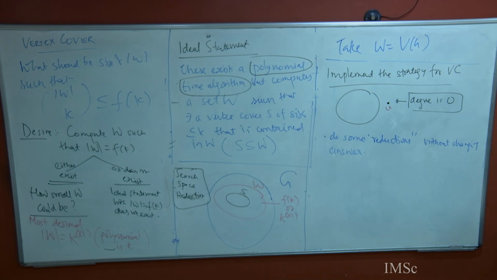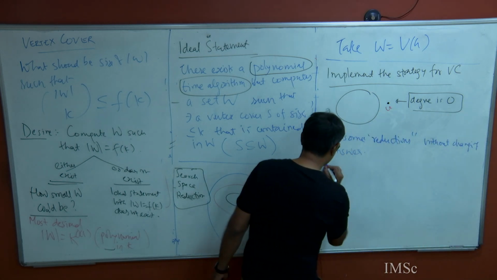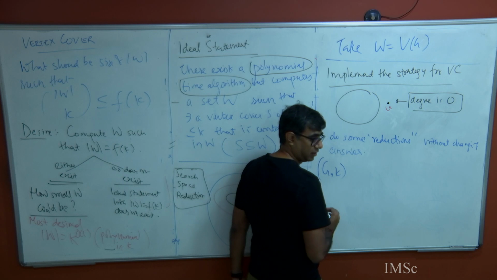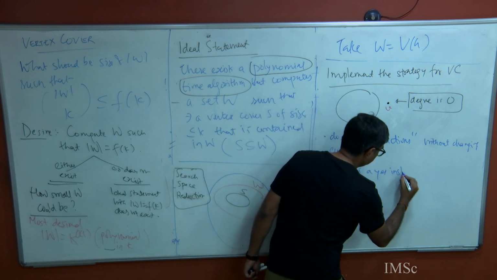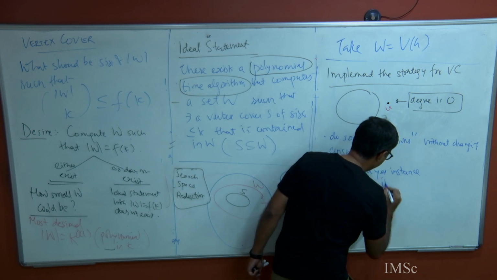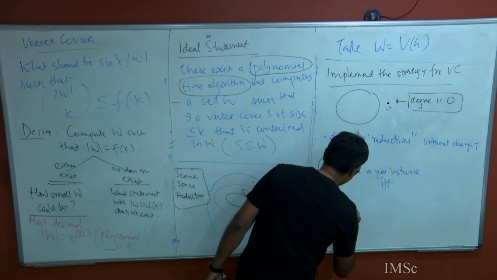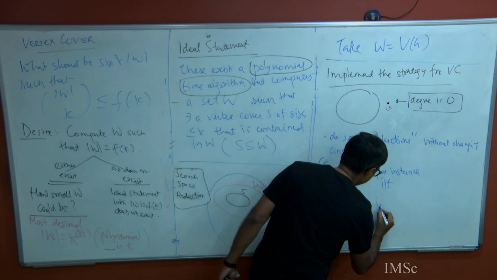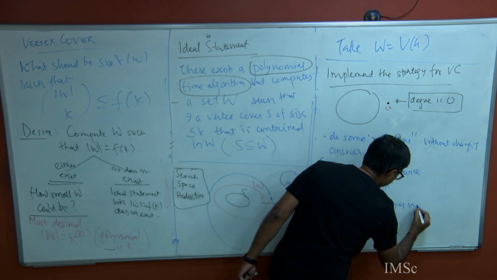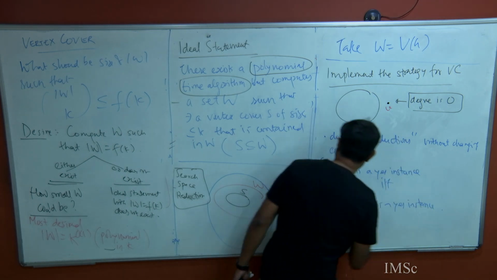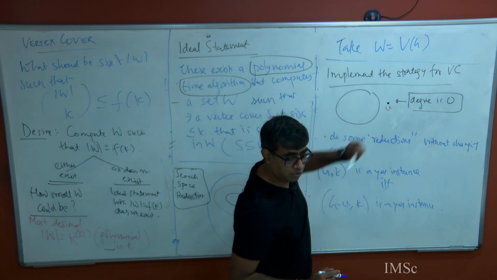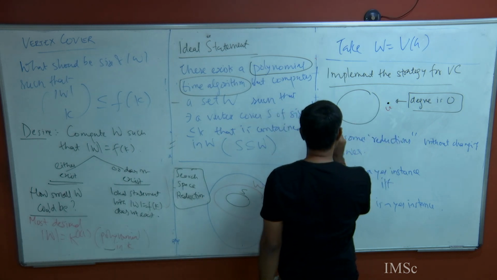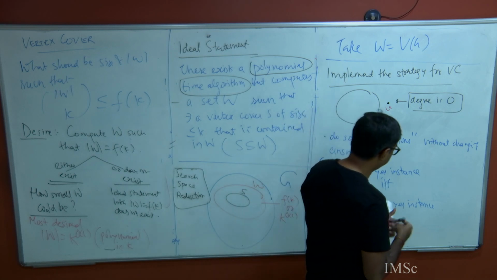So, what statement should we be proving? We should prove that G comma K is a yes instance if and only if G minus V comma K is a yes instance. So, whenever you apply a rule, what is your rule? Here is your rule. Let us write down your rule.